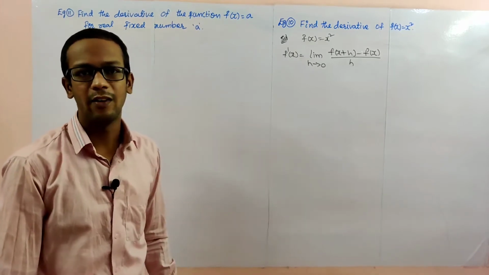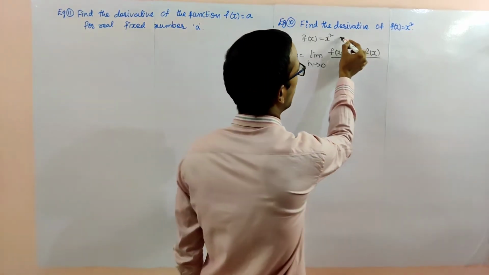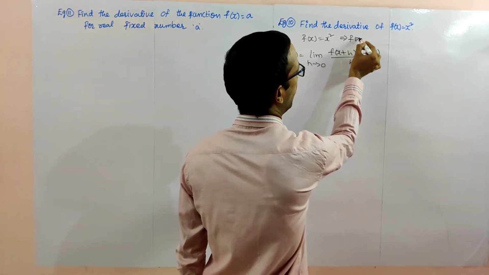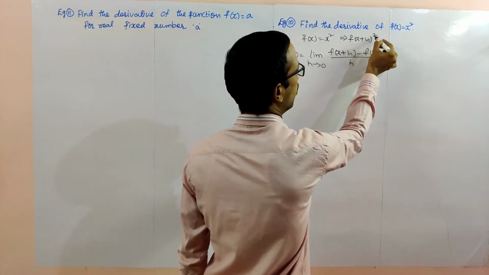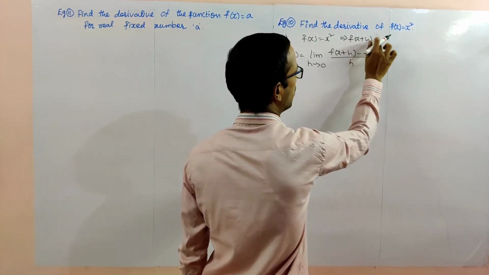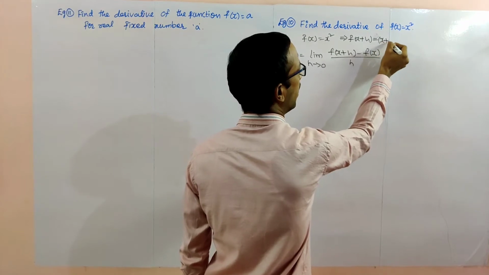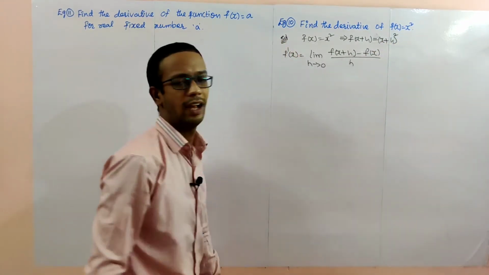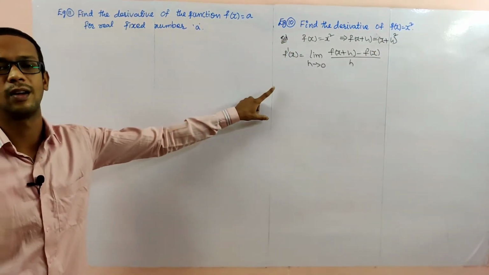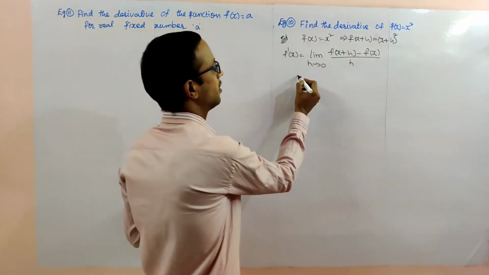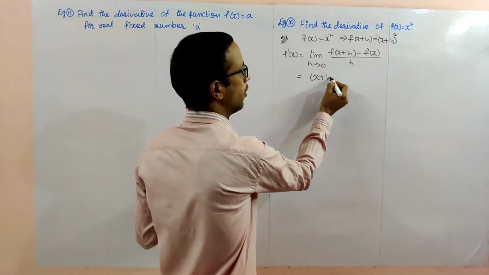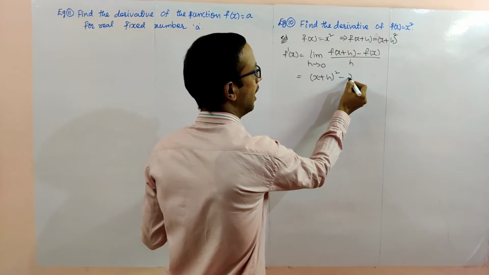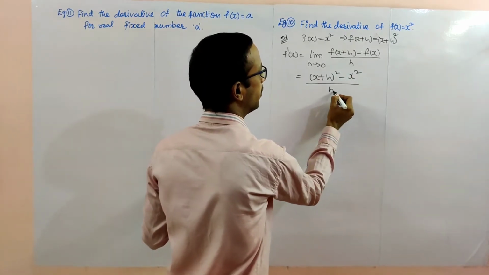What is f of x plus h? f of x plus h is equal to x plus h whole square. Substitute all values here: x plus h whole square minus x square divided by h.